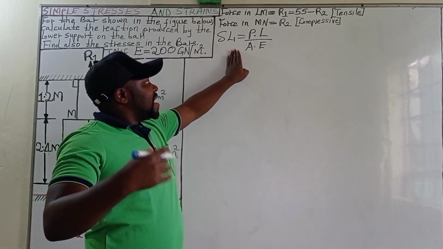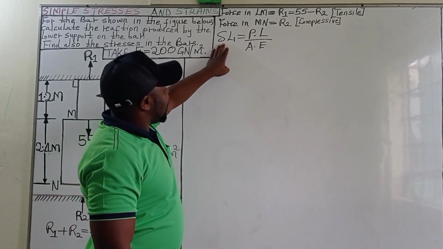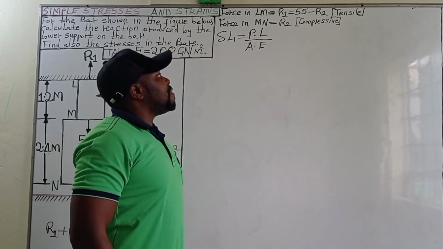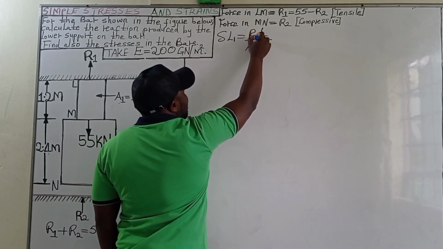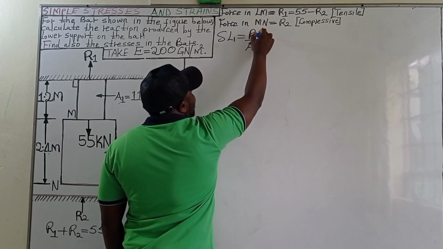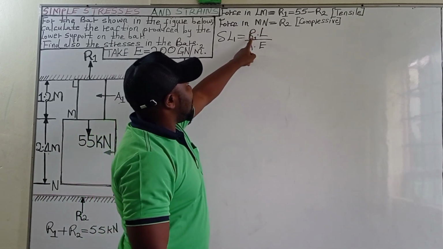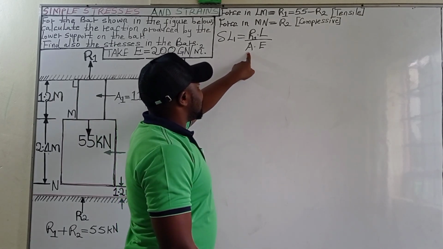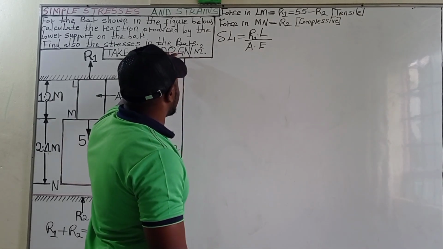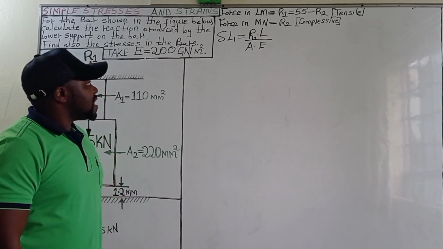We have already done so many calculations involved, and we have seen how we come up with this formula. And in this case, this load P is the reaction R1. So the reaction R1 times the length of the bar LM divided by its cross-sectional area times the Young's modulus of elasticity of steel.